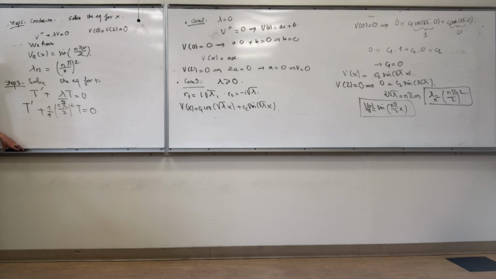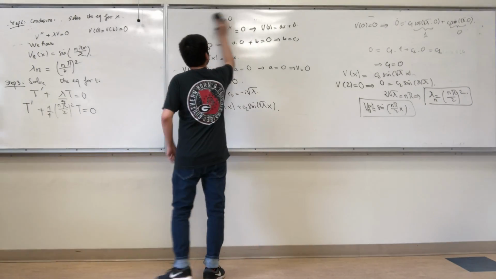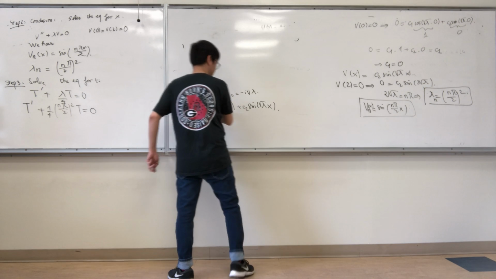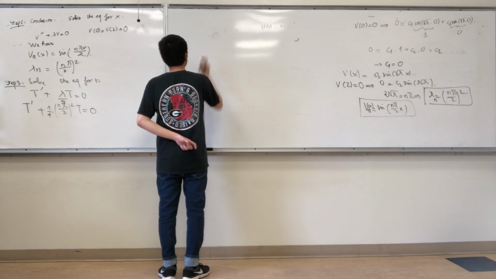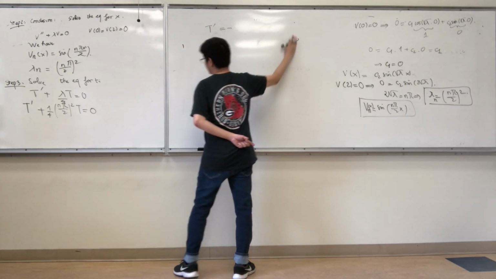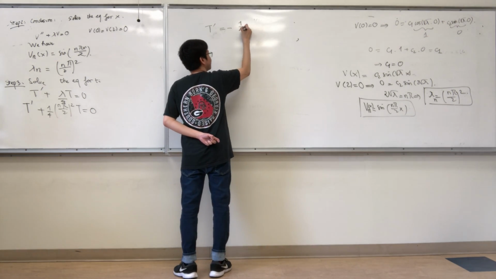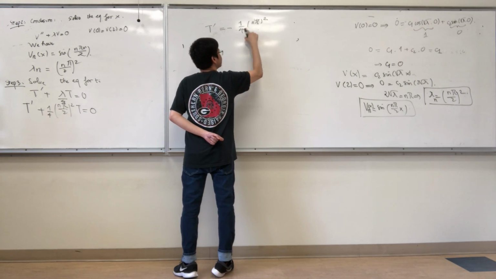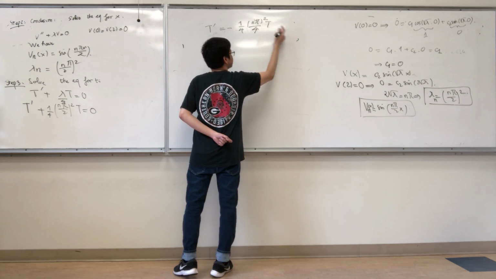So how do you solve this equation? This is a first order differential equation. You can solve by separable, or you can integrate it right away. So you have t prime is minus 1 over 4 times n pi squared over 4 of t.